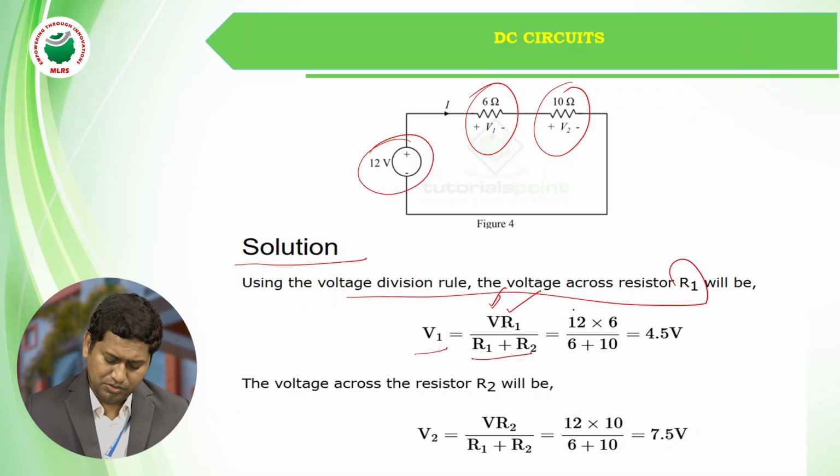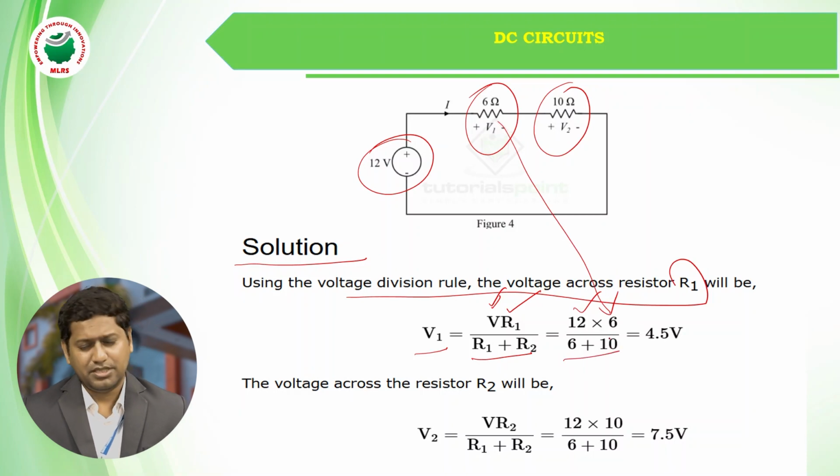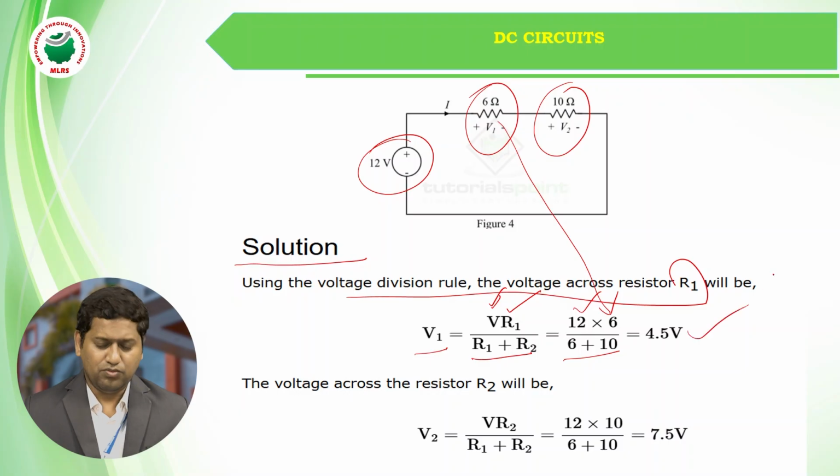The total voltage is 12, the particular resistance is R1, divided by the total resistance R1 plus R2, that is 6 plus 10, which is equal to 4.5 volts.